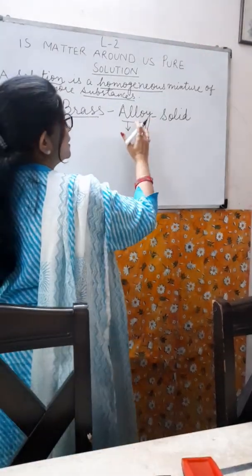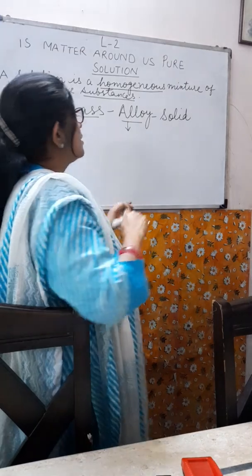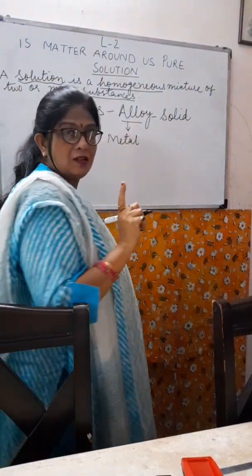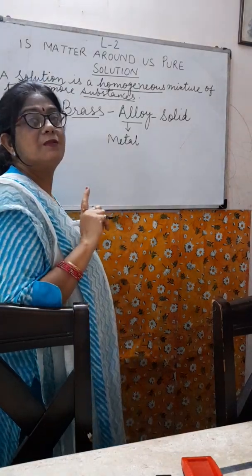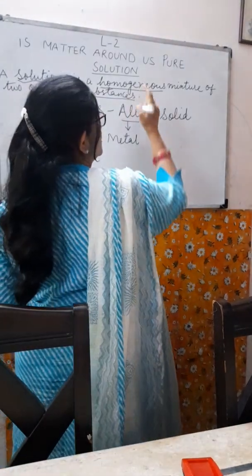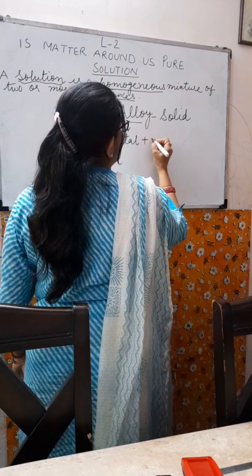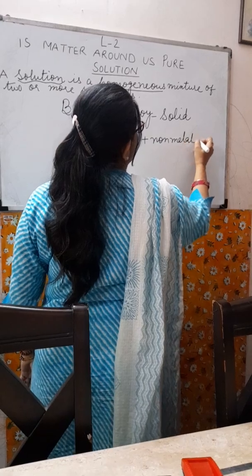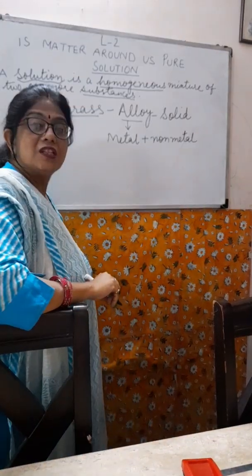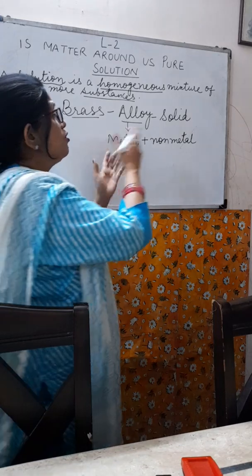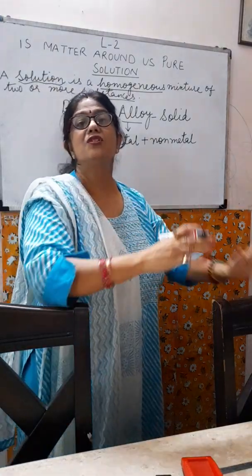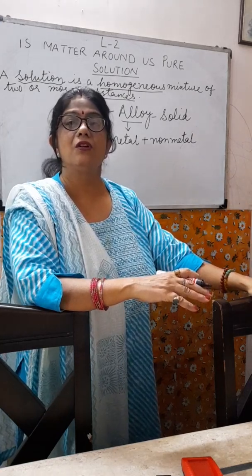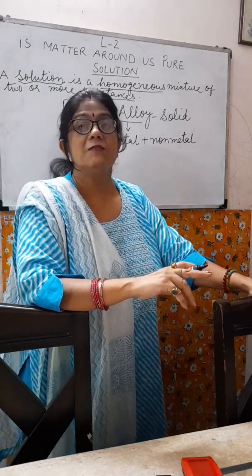If we want to find out that an alloy is a solution, so an alloy is a mixture of a metal, homogeneous mixture. Mind it, it is a homogeneous mixture, then only it will be a solution. A mixture of metal or a non-metal, or two non-metals, it can be a mixture of a metal and a non-metal, and it is a homogeneous mixture.